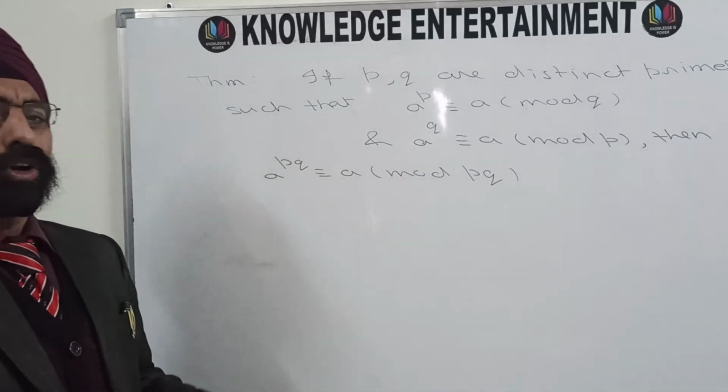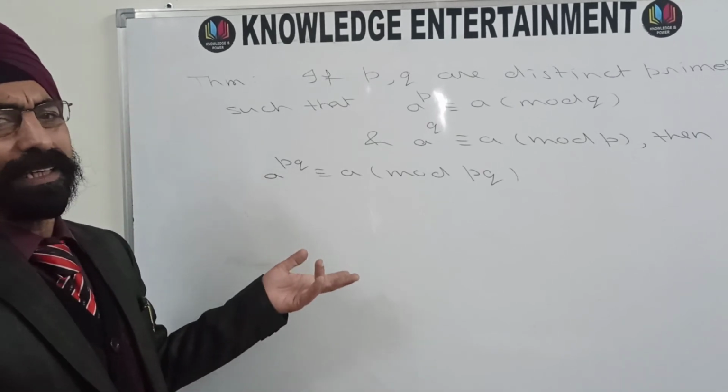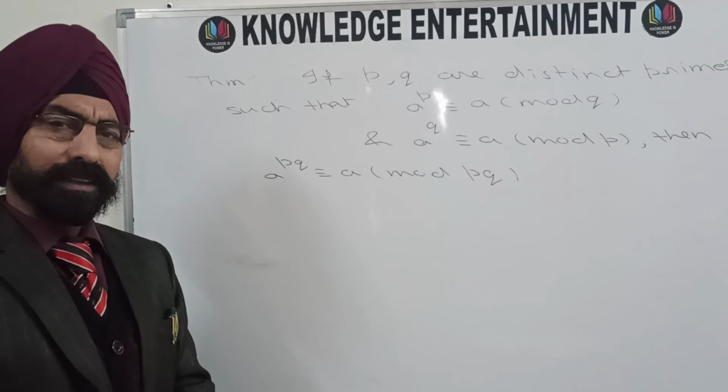You can take it as a corollary of Fermat's little theorem or corollary of Euler's theorem. You can take it as an independent result.